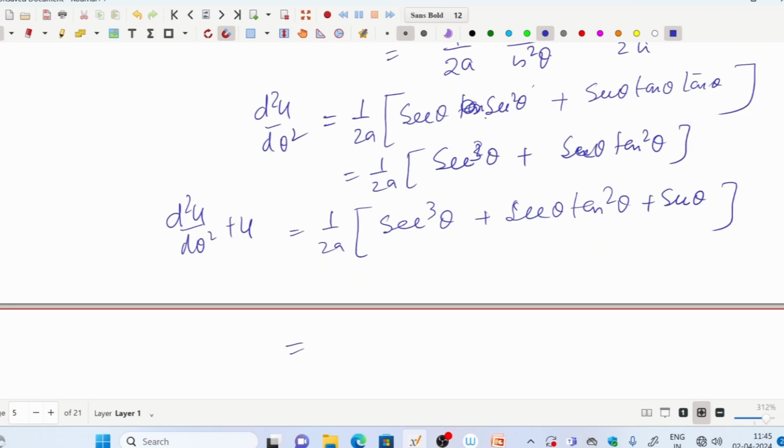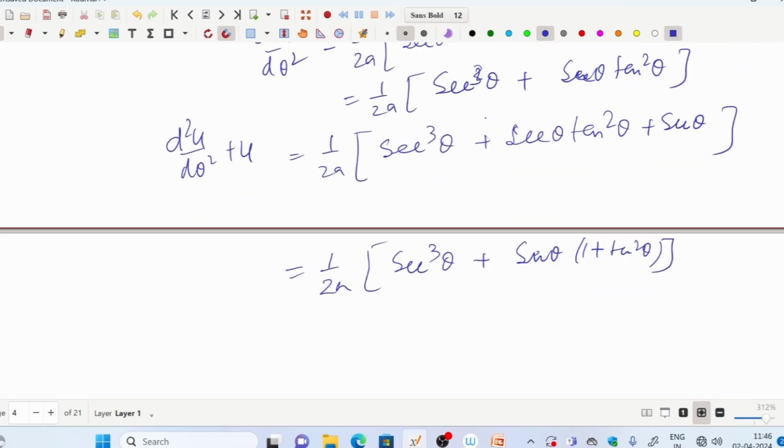So, this will be 1 over 2a times sec cube theta plus sec theta, and if you take sec theta common, 1 plus tan square theta is sec square theta. So, 1 over 2a sec cube theta. Okay.